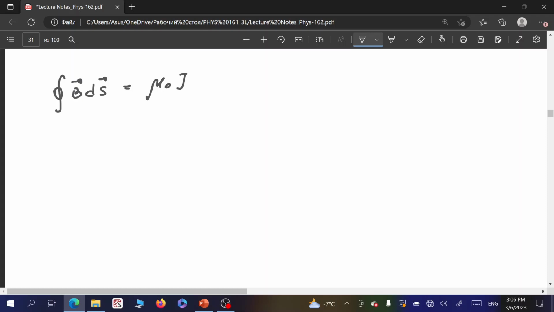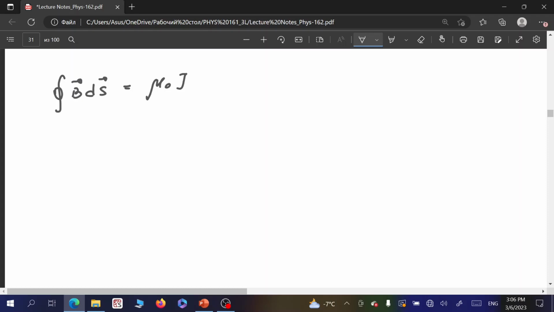So what does it tell us? That the integral over some closed path of this scalar product B vector ds vector will be equal to mu naught magnetic permittivity of free space times conductivity current, which flows through the area defined by this closed path.